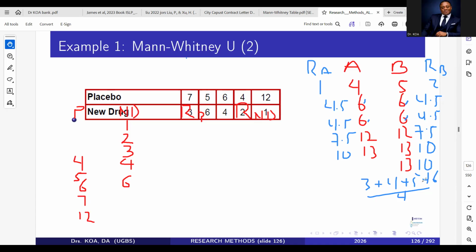So let's take 6. Instead of finding the average of 3, 4, 5, and 6 and using 4.5 for all the sixes, why wouldn't you just use the rank of 3 for all the sixes? Oh, when you use the rank of 3 for all the 6, that is dangerous.